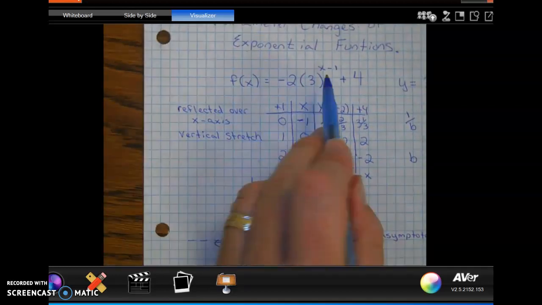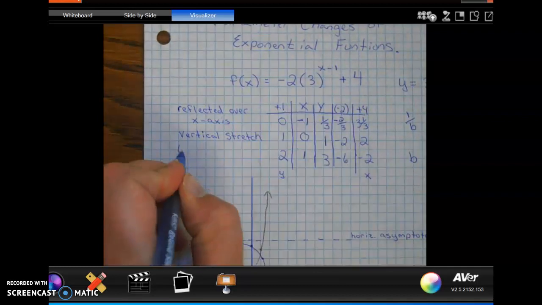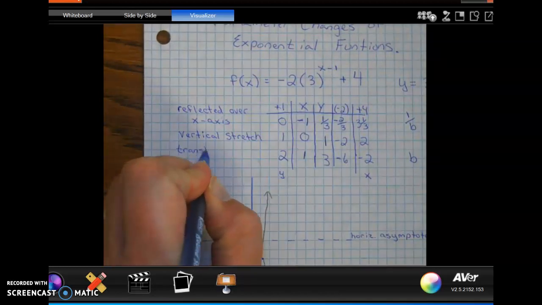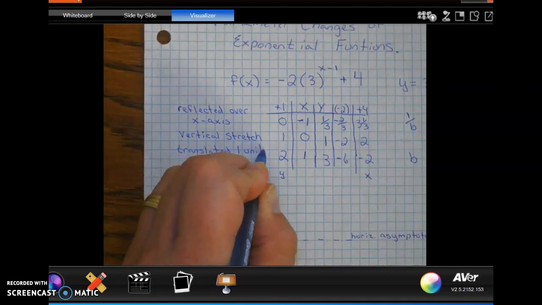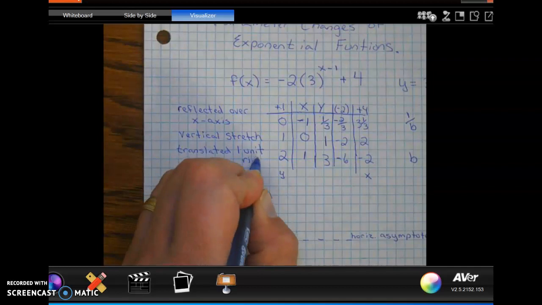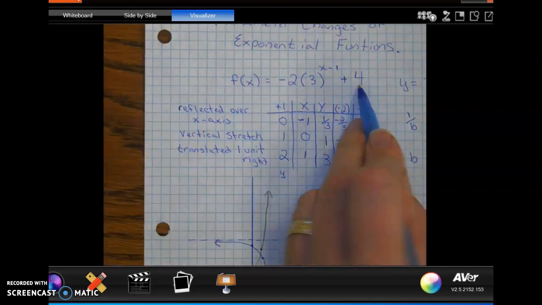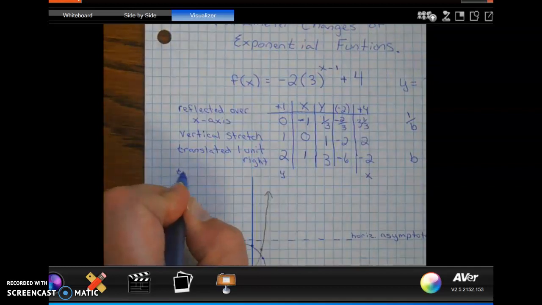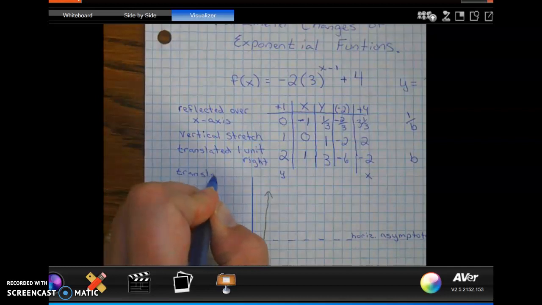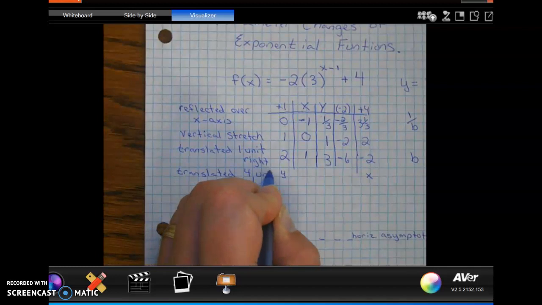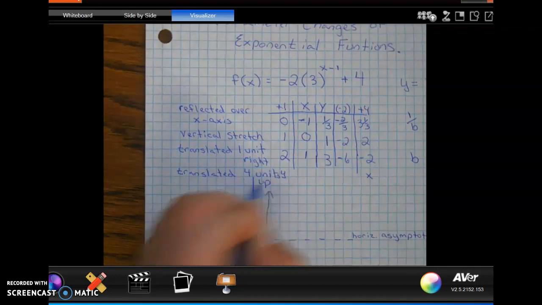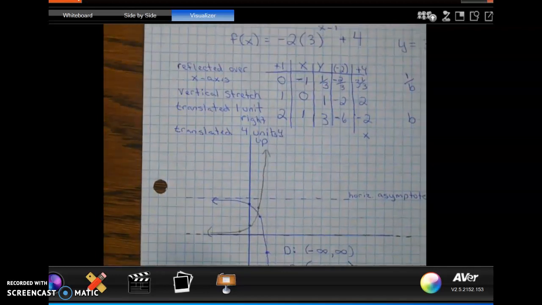And we are translated 1 unit to the right. And translated 4 units up. And that's how you get your transformed graph.